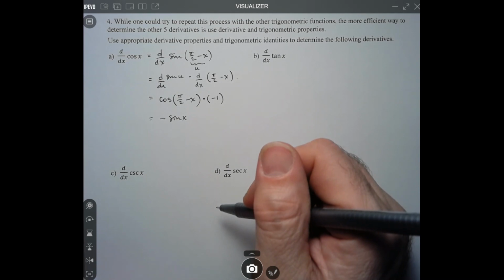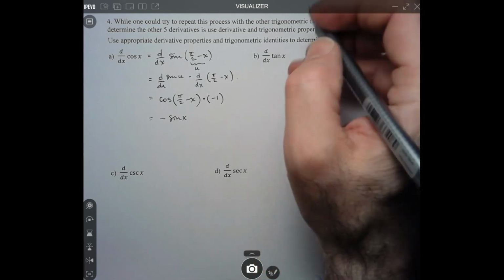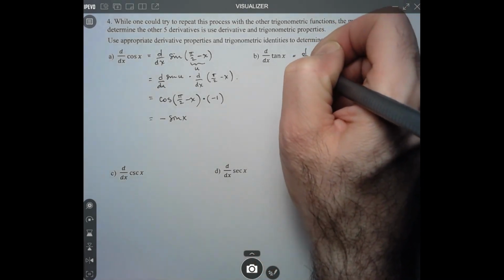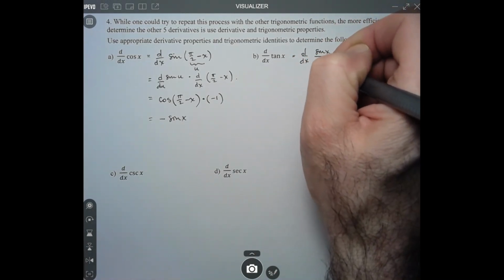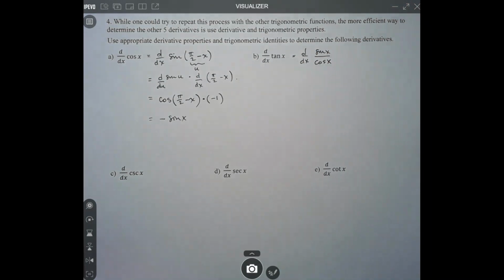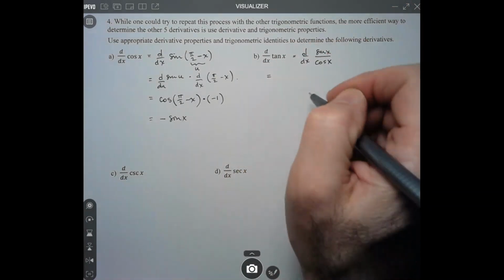All right, so let's take a look at a couple of these other derivatives. Here, it seems pretty clear that we should find the derivative of sine x over cos x. So here I'm going to use the quotient rule.